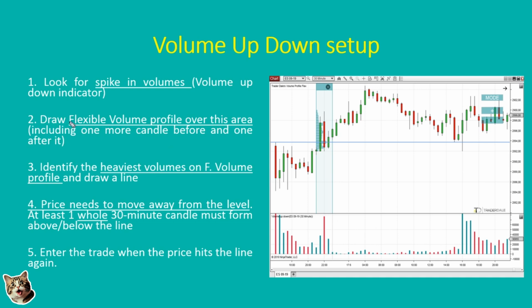then you go to step 2, and in this step you draw a flexible volume profile over this area, the area where there was the volume spike. You draw it like this. This is the area you are interested in.